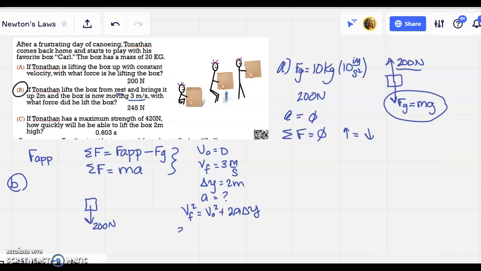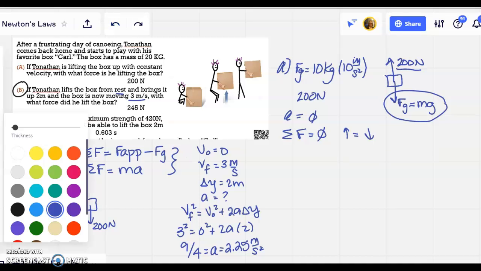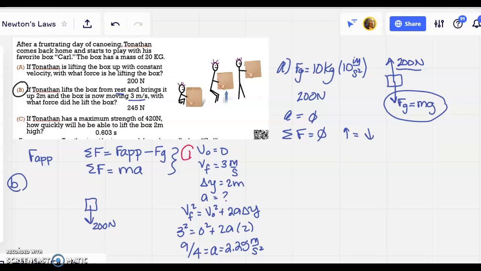I'm going to plug it in. So 9 divided by 4 will give us an acceleration, and that works out to be 2.25. So that's the first thing we have to do. Oh, that doesn't look very good. That's not going to stand out to you guys as a step number 1. Let's change the color. So that's step number 1.